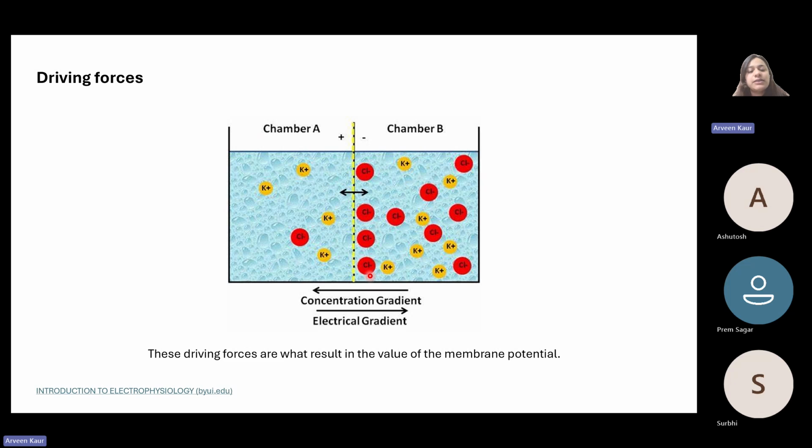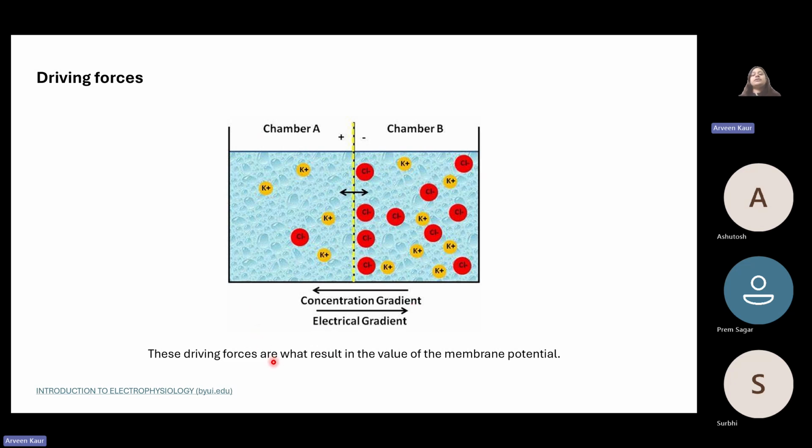It will also be because of the flow of charge from one side to the other. And where will be the electrical gradient? It will be opposite, because there will be more flow of positive ions from outside to inside to basically neutralize this inner negative charge, right? So the electrical gradient in this case will be in the opposite direction of the concentration gradient.